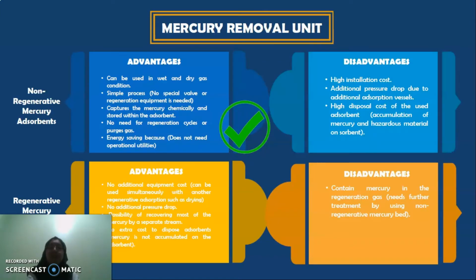Mercury needs to be removed in order to prevent corrosion to the plant equipment and avoid the deactivation of downstream catalysts. These are the differences between non-regenerative mercury adsorbents and regenerative adsorbents. Based on the comparison, we choose to install a non-regenerative mercury adsorbent before the acid gas removal unit and the dehydration unit.